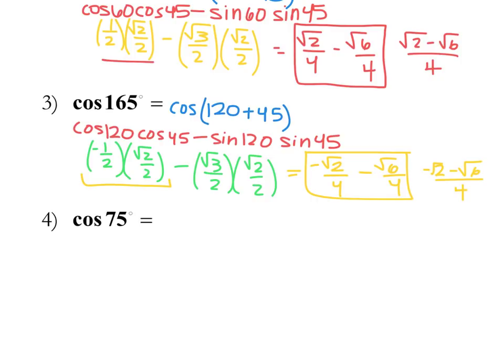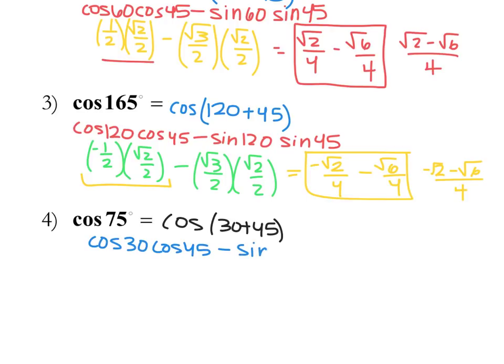Last one over here. Let's see, cosine of 75, I would do 30 plus 45. Using the formula, expanding, we have cosine of 30, cosine of 45, switch the sign, minus sine of 30, sine of 45.